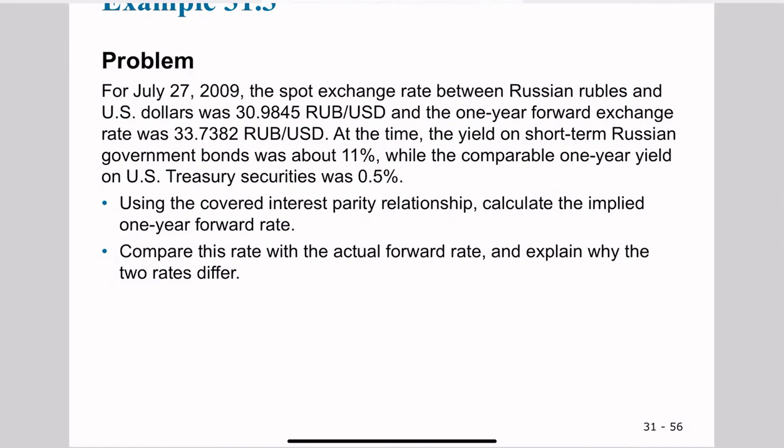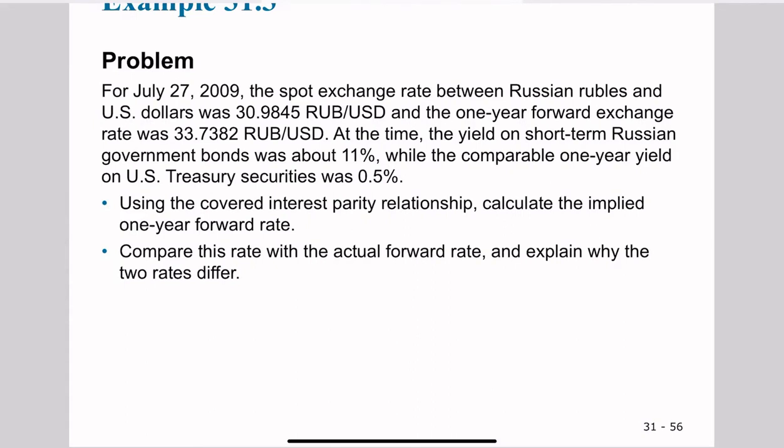At the time, the yield on short-term Russian government bonds was about 11%, and the comparable 1 year yield on US Treasury security was 0.5%. Using the covered interest parity relationship, calculate the implied 1 year forward rate, and then compare this implied 1 year forward rate with the actual forward rate, and explain why the two rates differ.